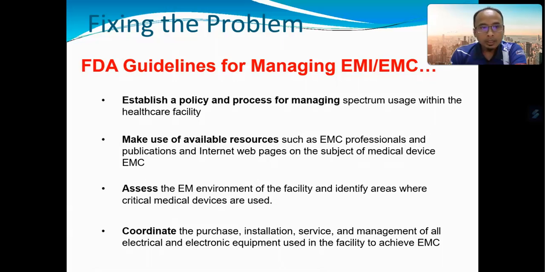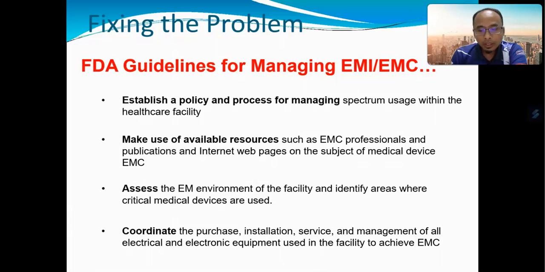Right. And then the third guideline is to assess the EM environment of the facility and identify areas where critical medical devices are used. So this means that we need to evaluate areas like ICU, intensive care unit, and also OR, operating rooms, radiology, and also telemetry units for EMI exposure levels.